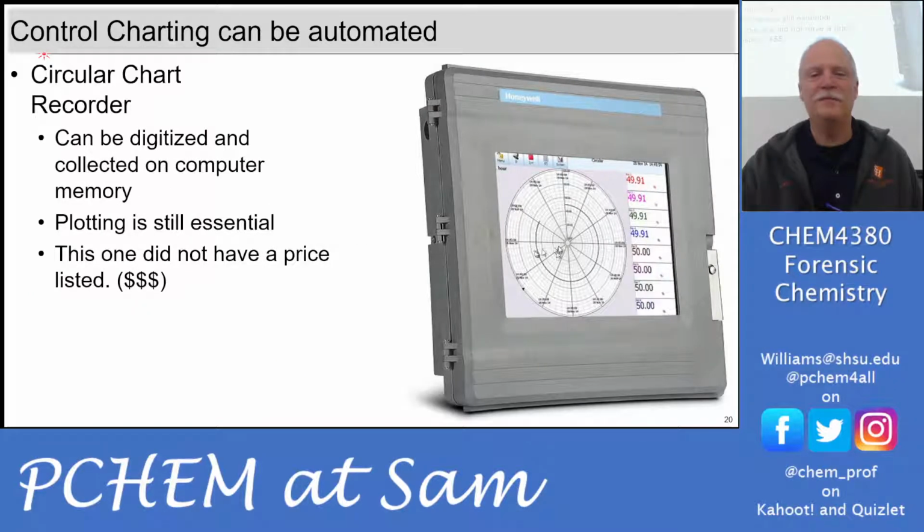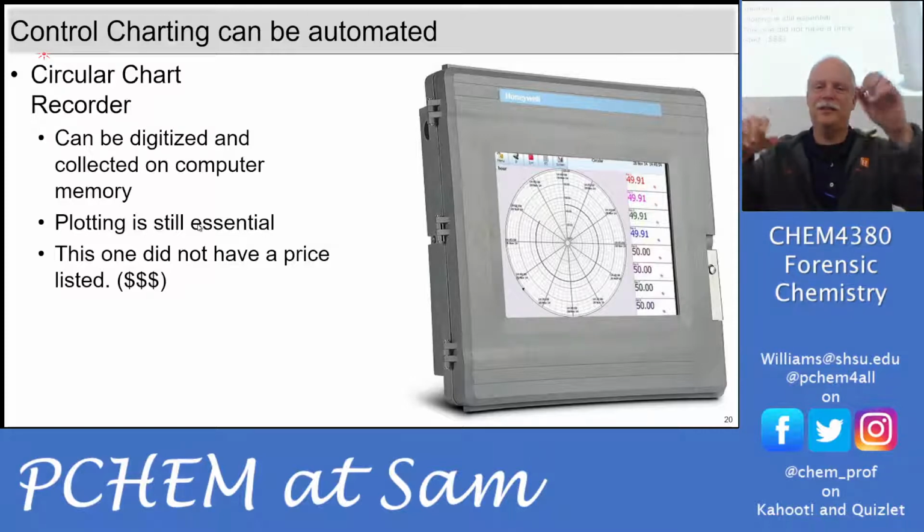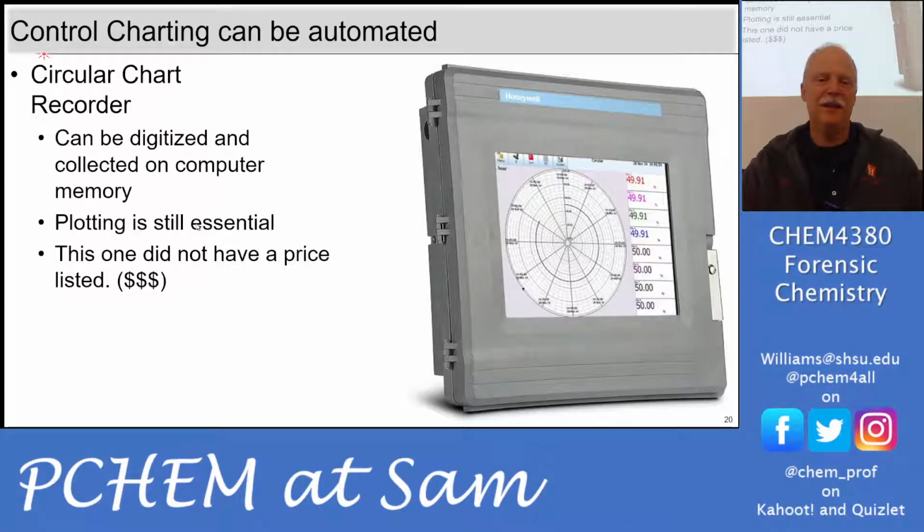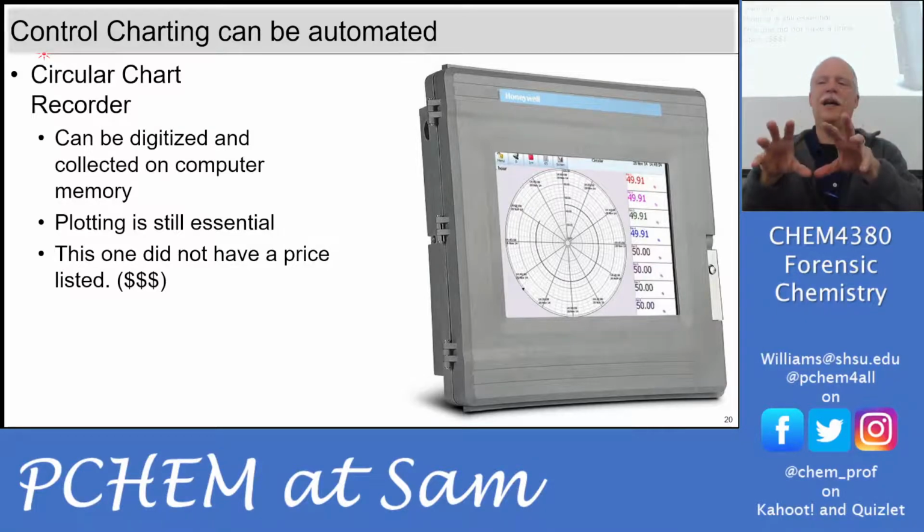Here's an electronic one, plugged into the computer system. I couldn't find a price for this one, but you plug this into your system, and it tracks the data and can alert you electronically. Now, in the future, they call it Industry 4.0. I don't know what 1, 2, and 3.0 were, but 4.0 is where these kinds of control apparatuses actually control parts of the process so that it's dynamic.